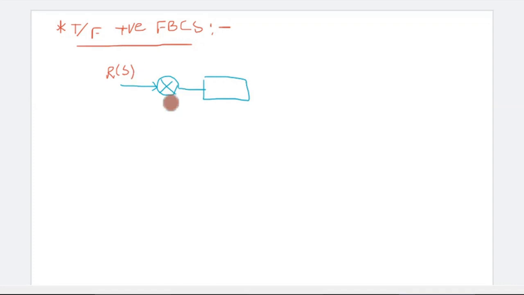From the output we apply the feedback signal, this is B of s. Here B of s is added to the input signal, so here we take the plus. In the negative feedback we take the negative, but in positive we take the positive here.